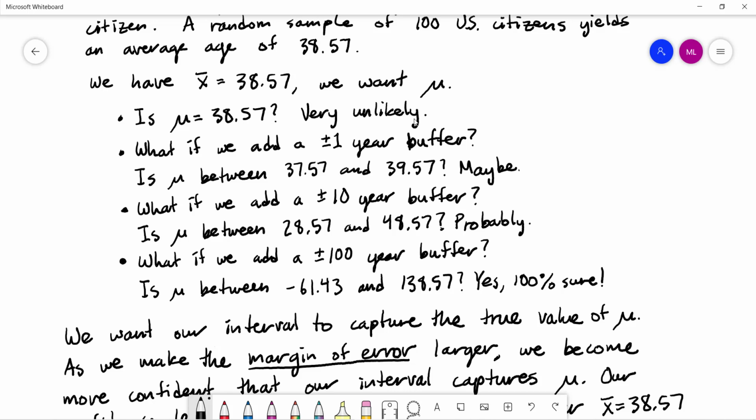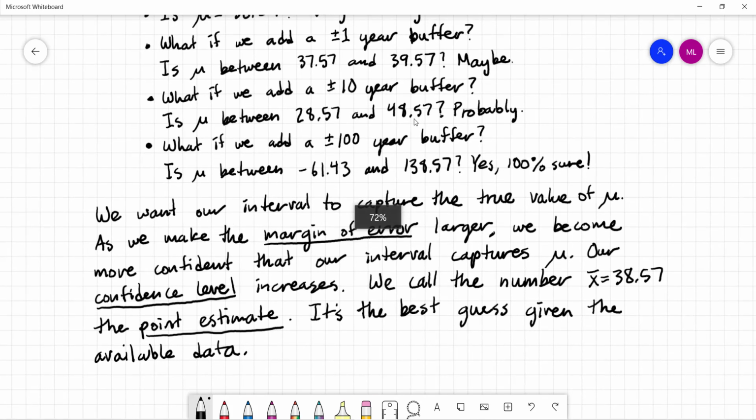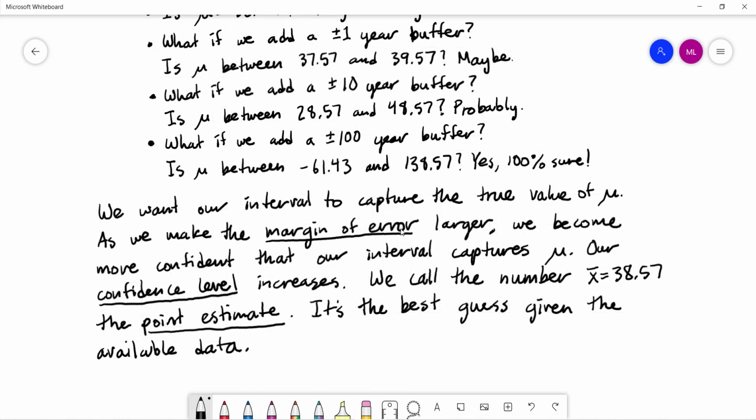So using the formal terminology that we've got down here, we want our margin of error to be small so that we're sufficiently zeroed in on the correct value. But at the same time, we also want our confidence level to be high. We don't want to make our margin of error so small that we have a 0% confidence that we're getting things correct. So this is kind of the trade-off that we're looking for.